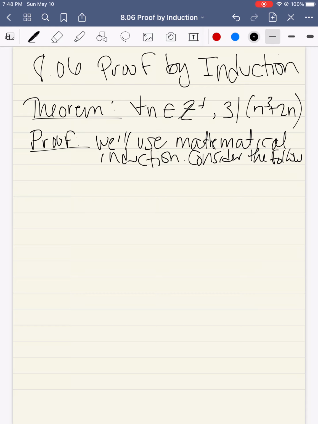The first thing that we start with is our base case. This is essentially a way to just sort of prove this to ourselves within the proof, and this is a necessary step because we'll use the base case later on in the proof. As I said, there are going to be 4 steps here, and the first one is our base case.